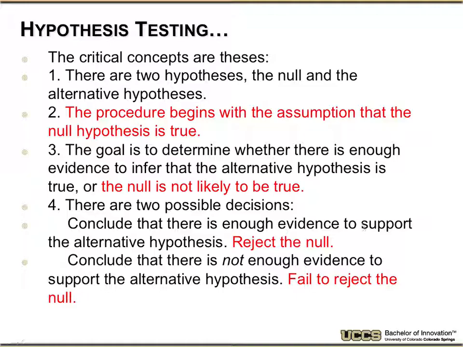The first is there's enough evidence to support rejecting the null and accepting the alternative, or there's not enough evidence to reject the null. But that doesn't mean, and please never say in your papers, we accept the null hypothesis. The only thing you can say is we failed to reject the null hypothesis.